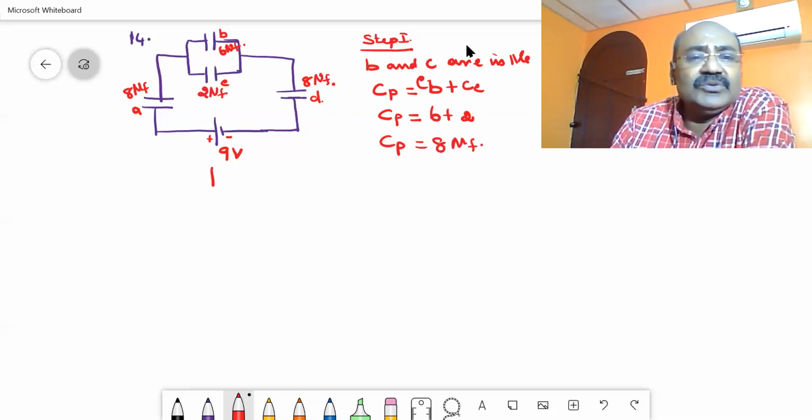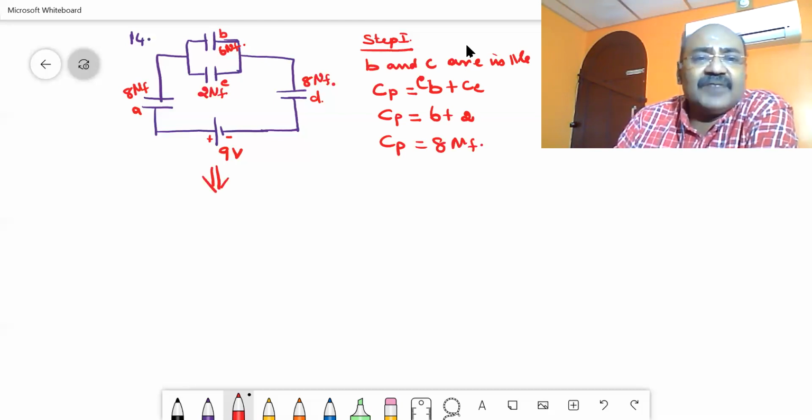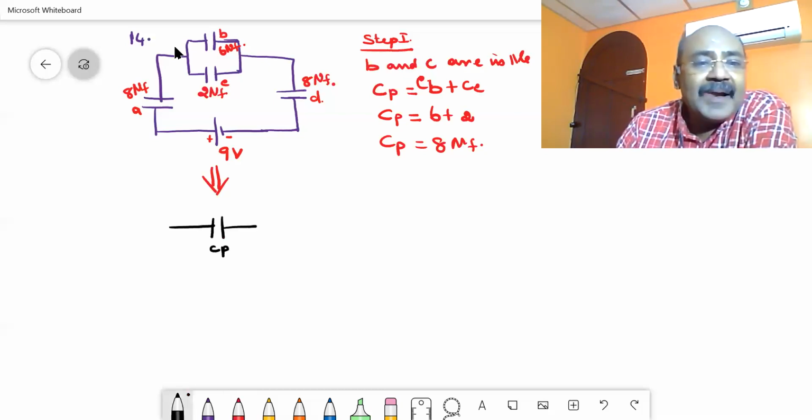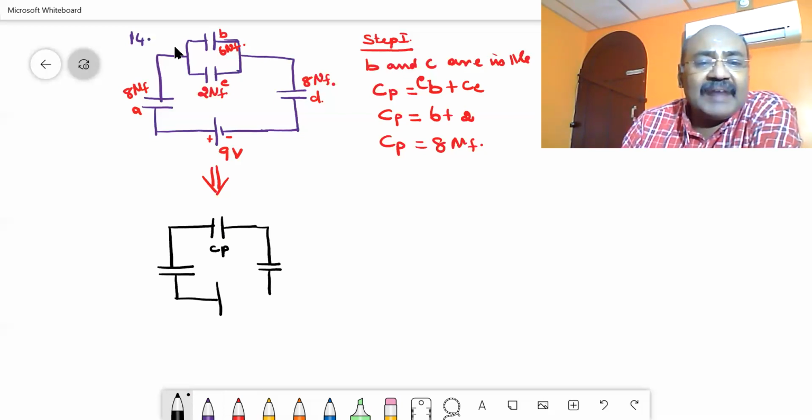So how can this be simplified? Instead of these two, I can write a single capacitance, represented as CP. Then at this end, I am having one capacitor, and at the other end, the other capacitor, and in between them you are having a potential of 9 volt.